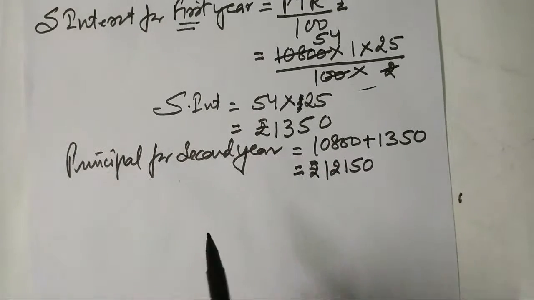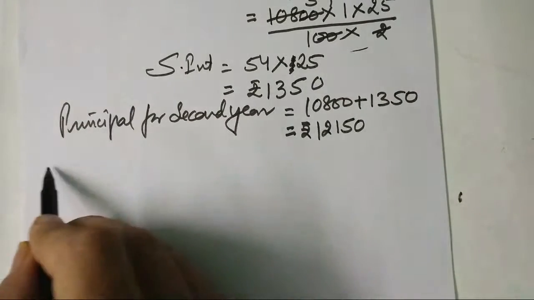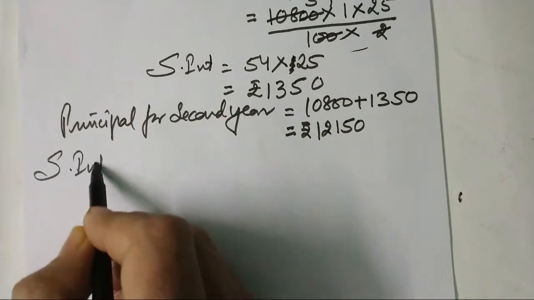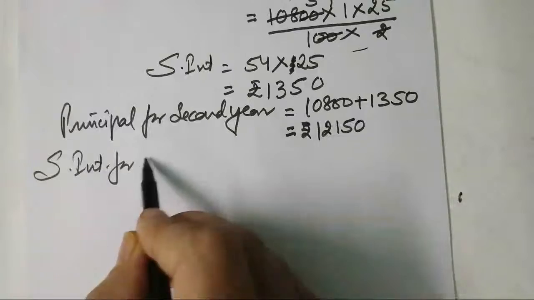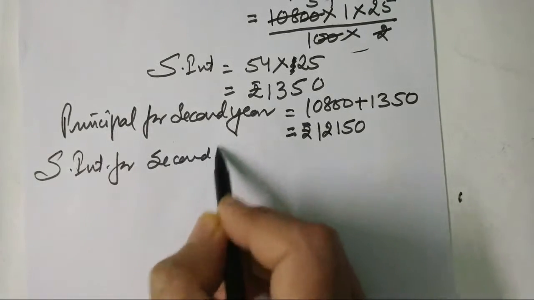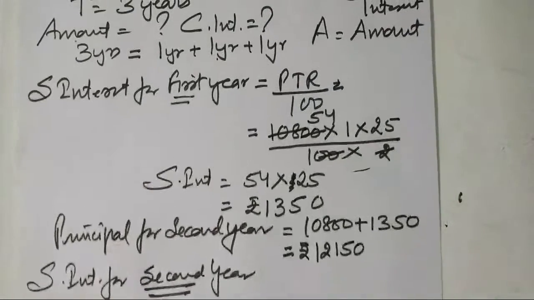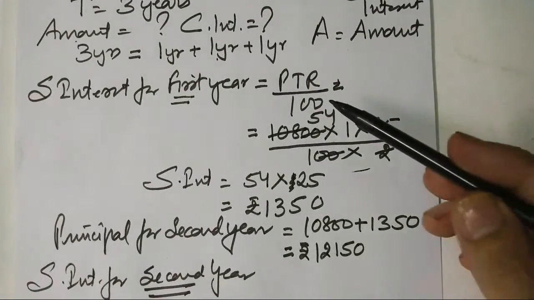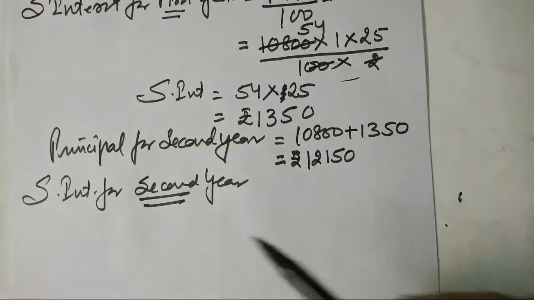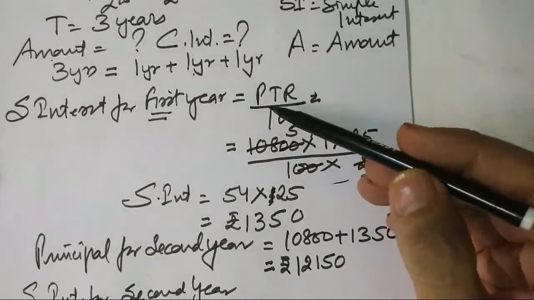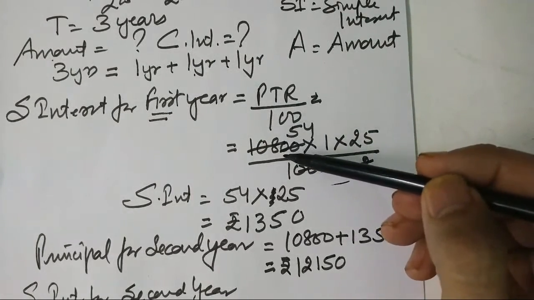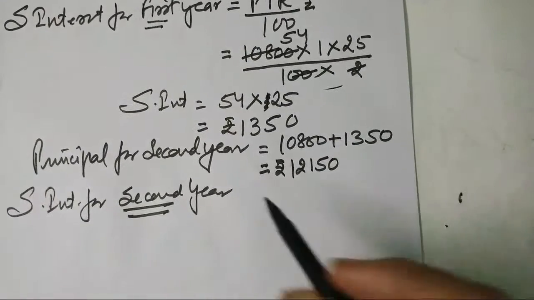Now if you have kept money in the bank for the second year, you will calculate the simple interest for the second year, and the formula is the same. We have calculated interest for first year, the same formula I will use for second year, but now the principal has become 12,150.